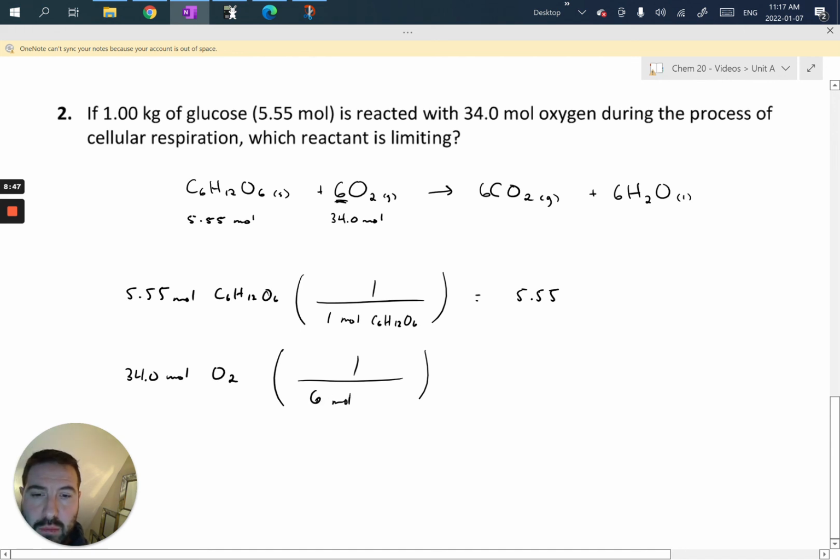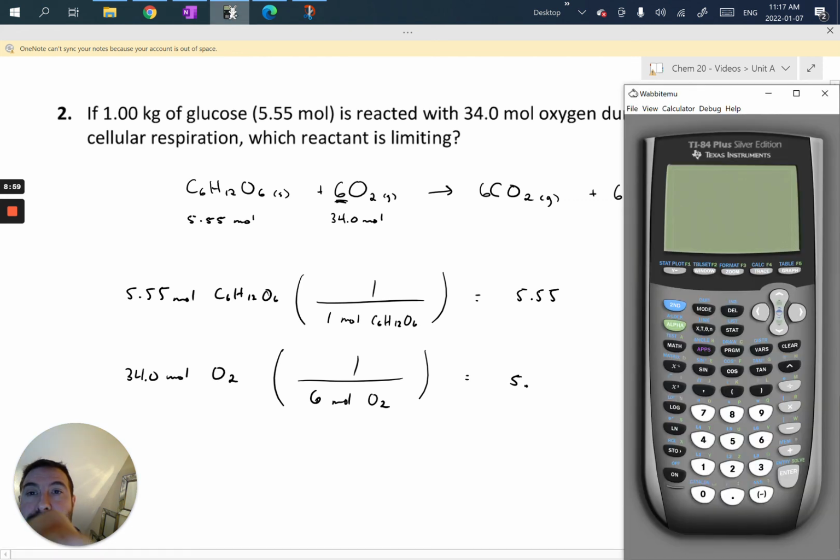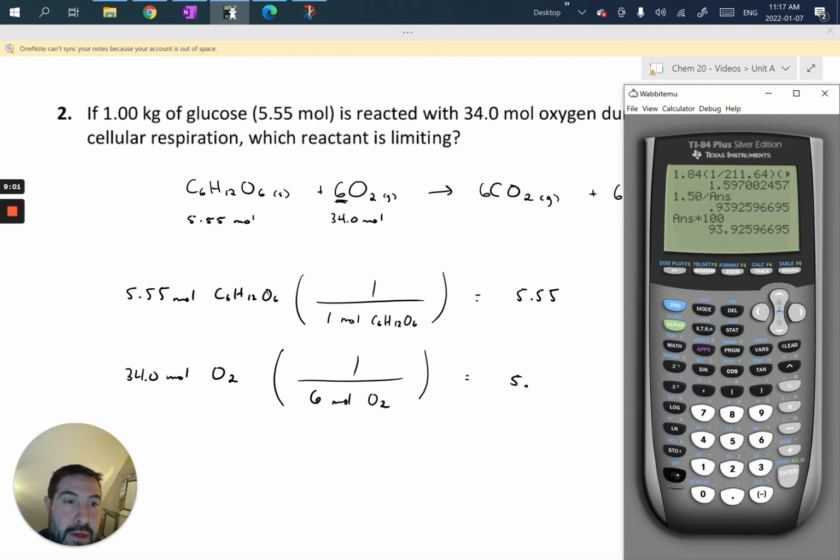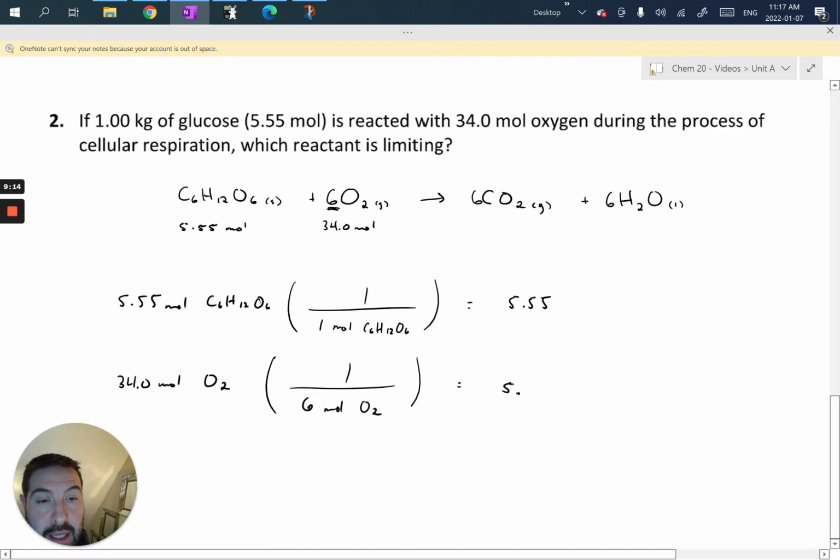So I have 6 moles of oxygen, and so 34 divided by 6 is 5 point, oh man, I would seem smarter than that, but I don't know. 34 divided by 6 is 5.6 repeating, so 5.67 we'll say.